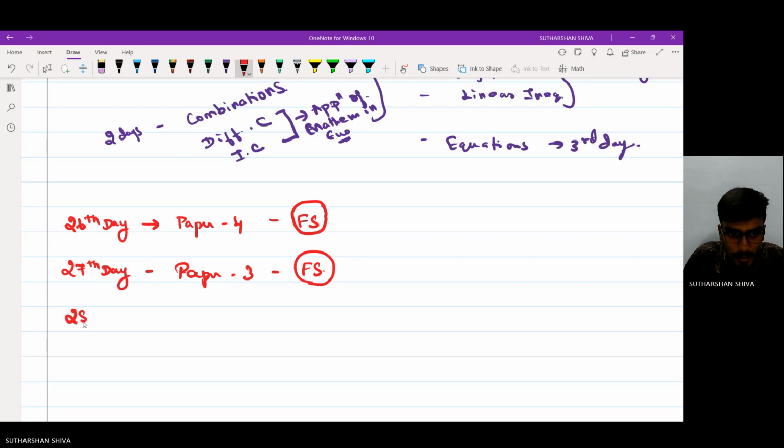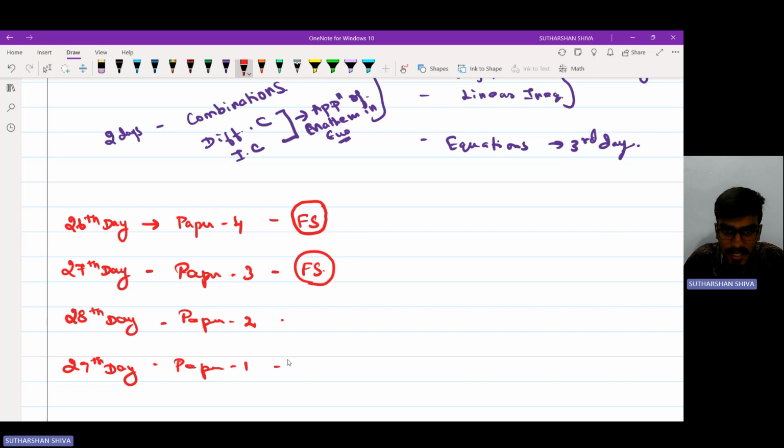And then the 28th day and 29th day, you are going to go to paper 2 and paper 1 immediately on the next day to test how much you have kept in your memory, to test how much you are able to understand the concepts. This is what you are going to do.